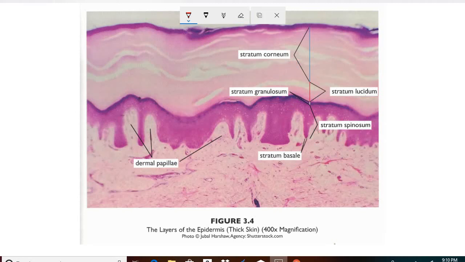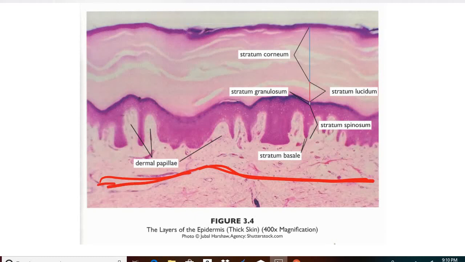Okay, so let's just quickly summarize then. So this area down here is all the dermis, loose irregular connective tissue, and within that we have these dermal papillae that kind of bump up into the epidermis. And then the 5 layers of the epidermis are the stratum basale, stratum spinosum, the stratum granulosum, stratum lucidum, which is found only in thick skin, and then lastly the stratum corneum.